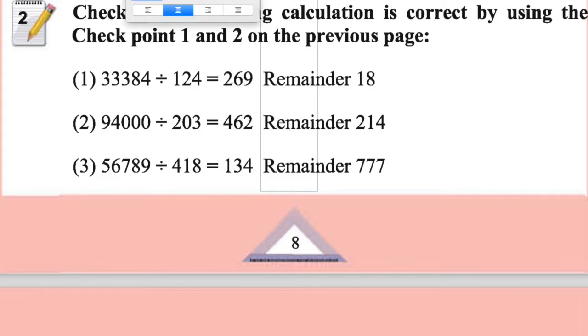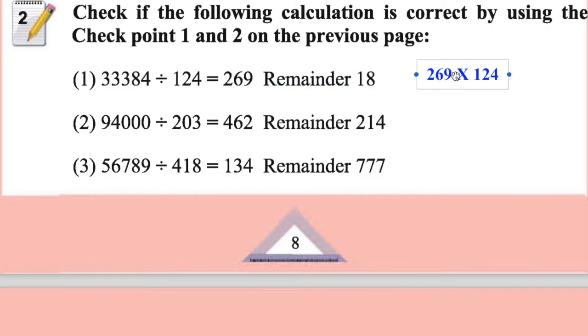Nothing happened. This becomes 120 rather than 12. So what? 269 into 124. That you need to perform, right?